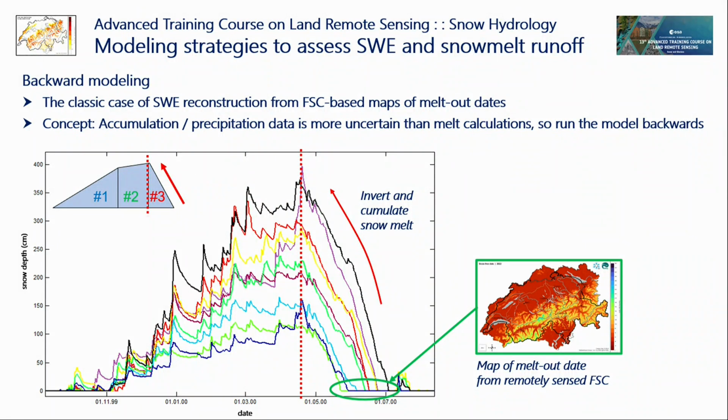So here we see 10 random stations at the same elevation distributed throughout Switzerland. I think they are somewhere around 2,500 meters above sea level, 2,000 meters, and they are from all parts of Switzerland. Same elevation, and you can see that the distribution of snow depths is quite variable between those stations, although they are all at the same elevation.